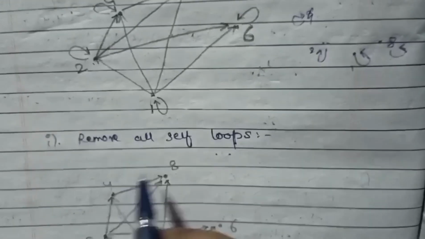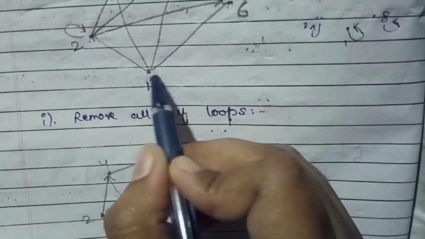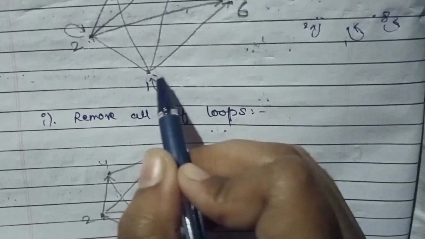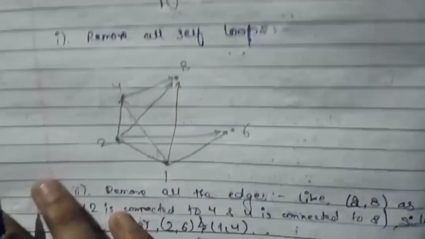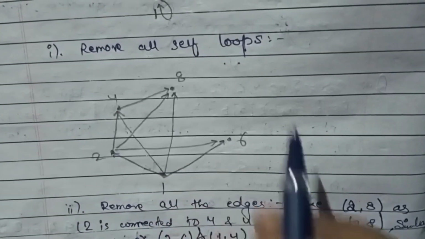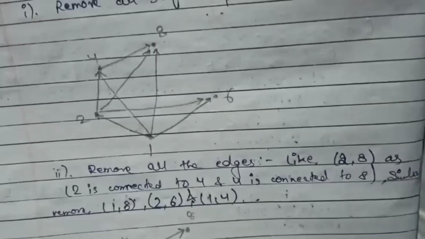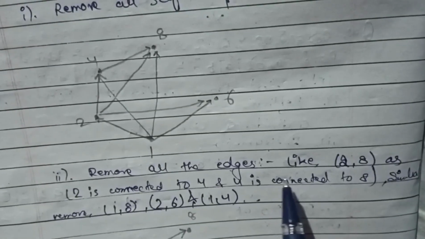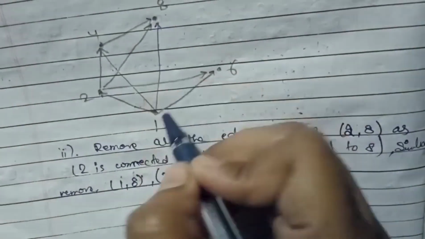Now remove all the self loops. These are called loops because they are directed to themselves, so it is not necessary to show them in the diagram. After removing the loops, it will look like this. Now remove all the edges having duplicate connections, like 1 to 8.